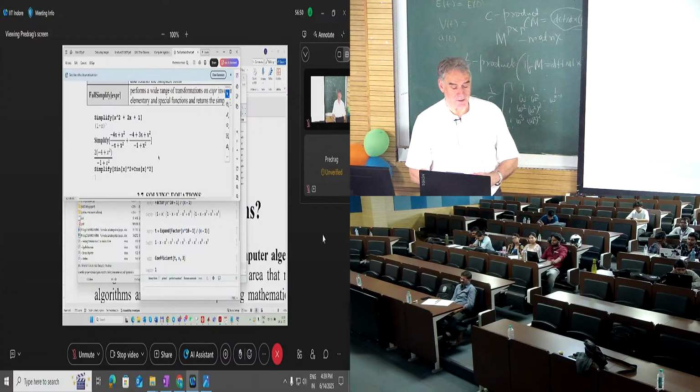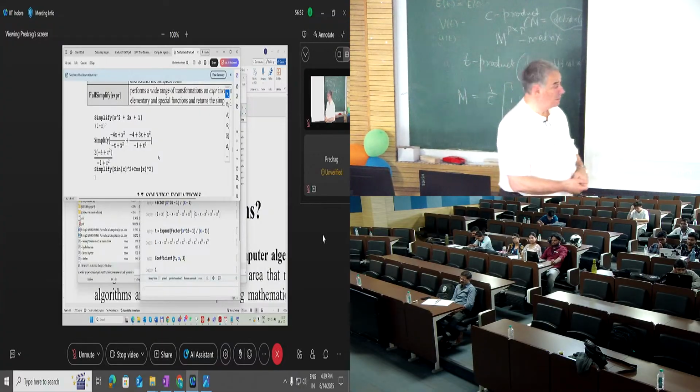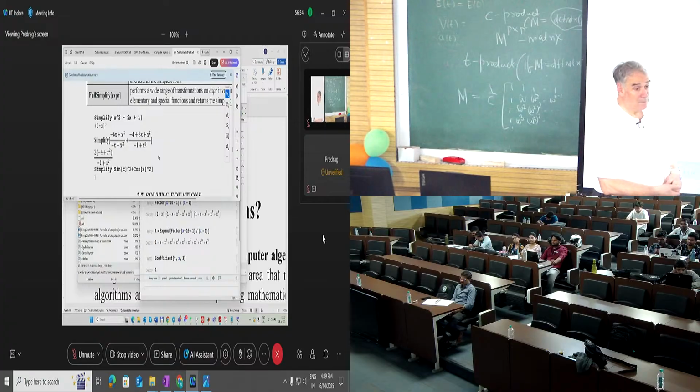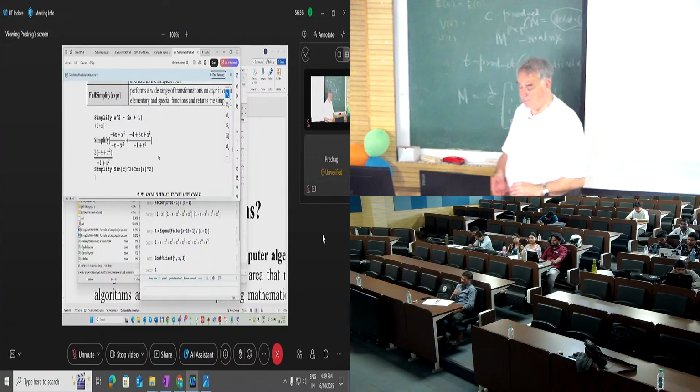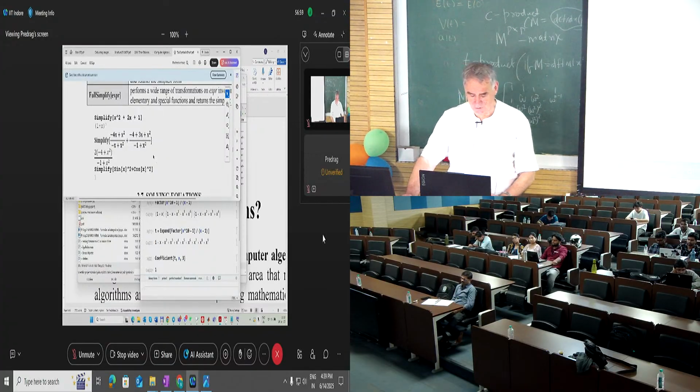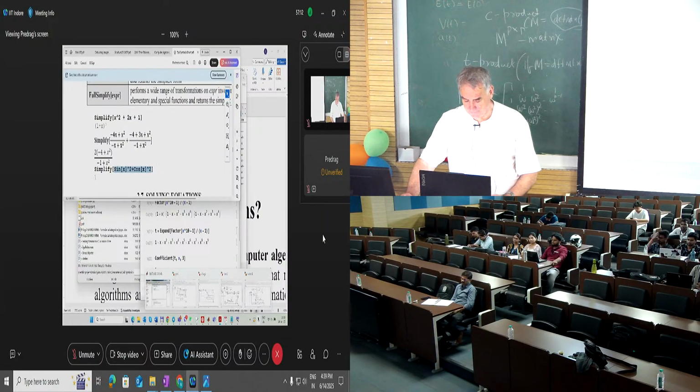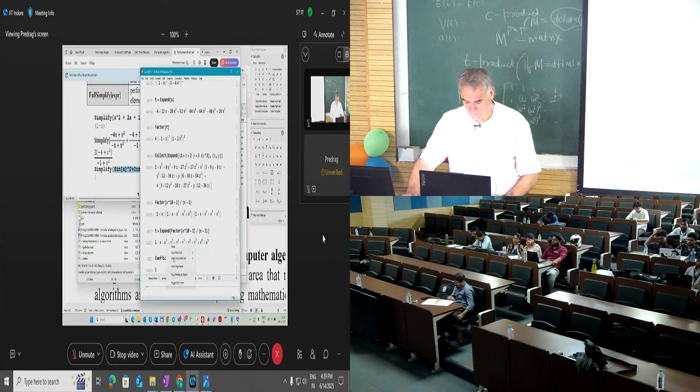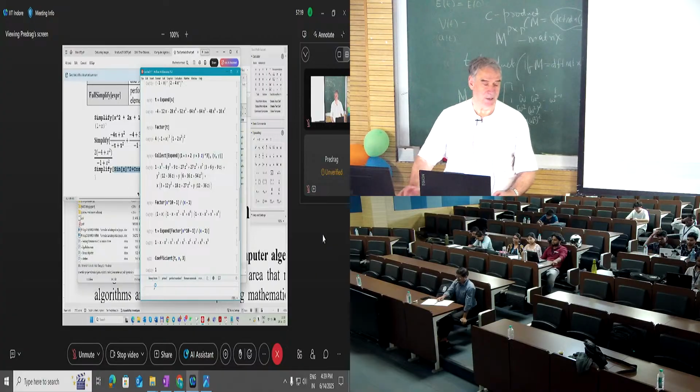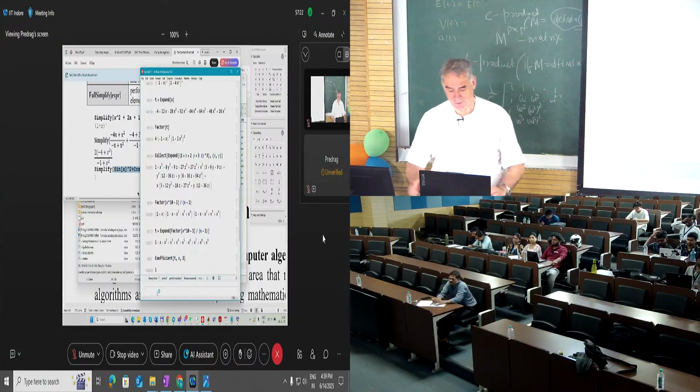Simplify, the function for simplification. Most powerful. If we ask for the value of sine square plus cosine square, I expect, no, from PDF.